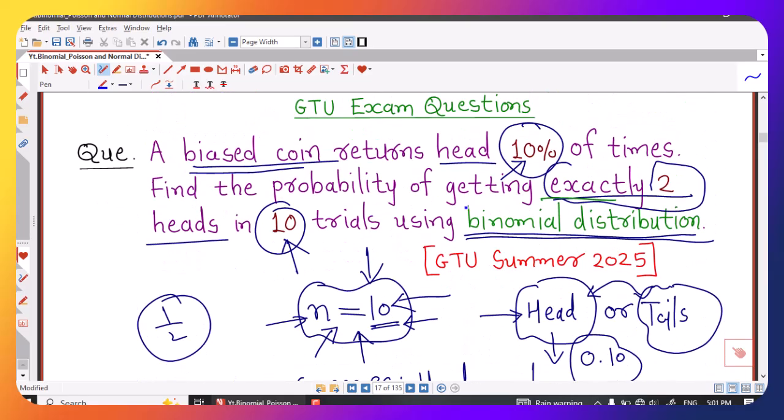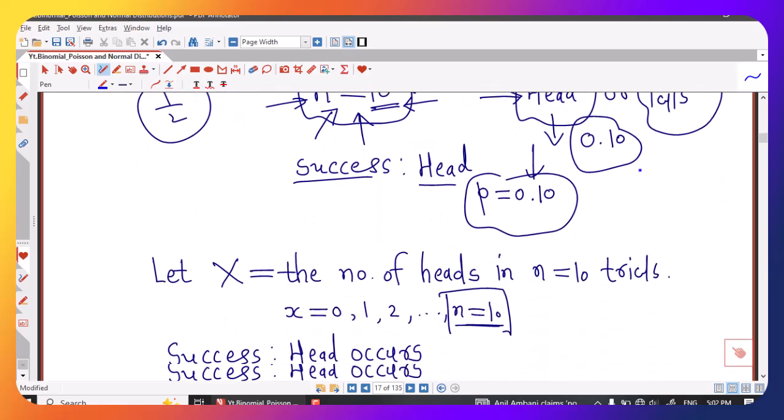It is already specified that you have to calculate this probability using binomial distribution, and you are given that the coin is biased and it returns head 10% of times, that is the probability of head is 0.10 in every trial, and you have to use binomial distribution to obtain this probability of exactly 2 heads.